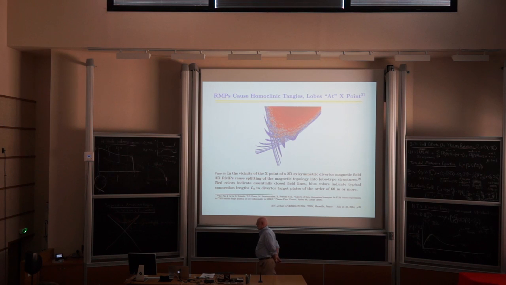And what's going on? Well, basically, inside the tokamak, the red points are the Poincare plot. The red points indicate field lines that just circulate around the tokamak and never go out. The blue lines are basically what a guy named Todd Evans, who started a lot of this, calls the homoclinic tangles, or you might call them homoclinic lobes.